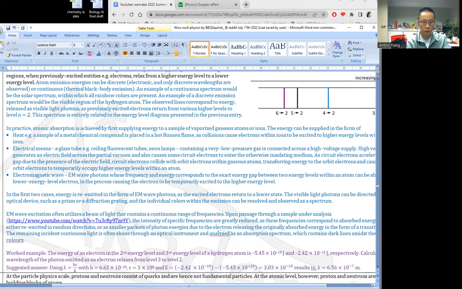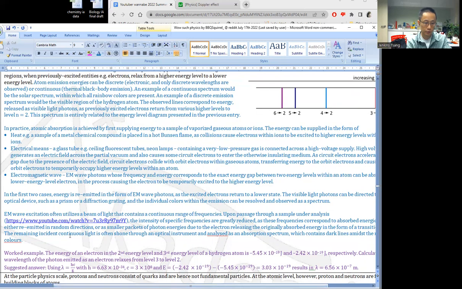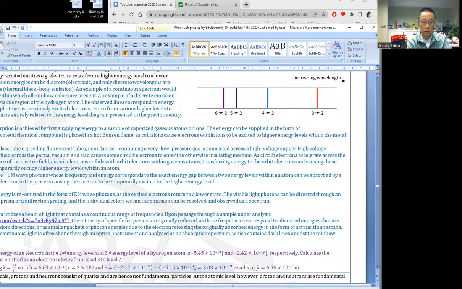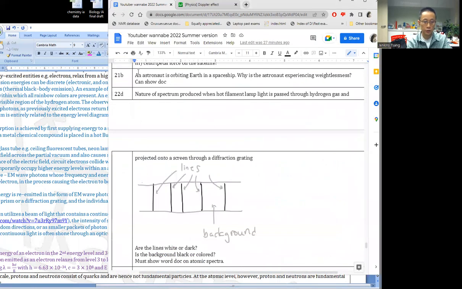The transmitted light, which is the remaining continuous light, incident on an optical device such as a grating, will show mostly the continuous spectrum with dark lines that are due to the absorption of the gaseous species at specific frequencies or wavelengths. So for this question, the lines will be the dark ones and the background will be bright. And that corresponds to choice D being the correct answer.